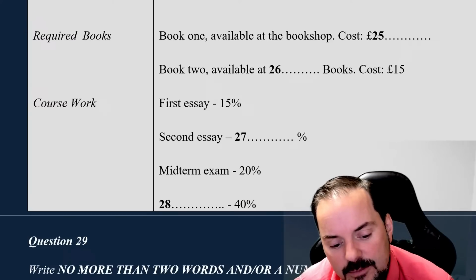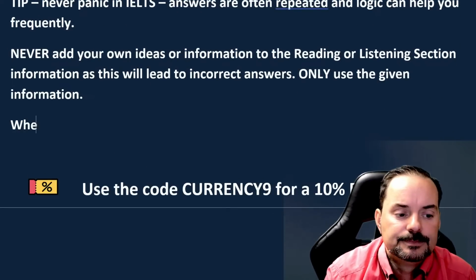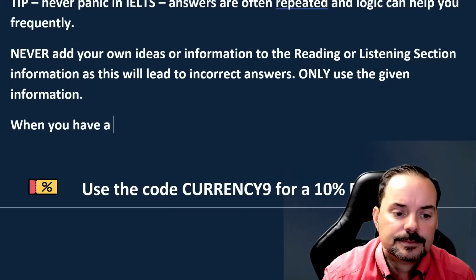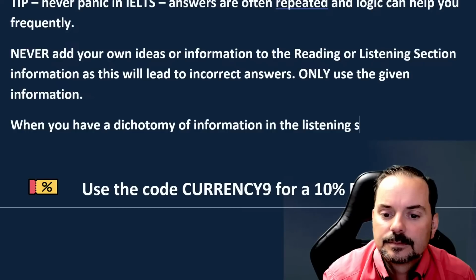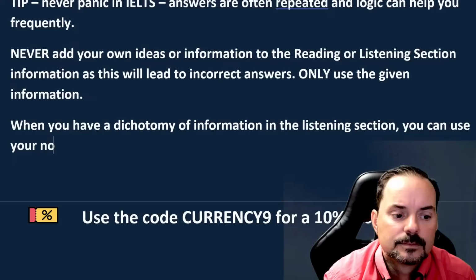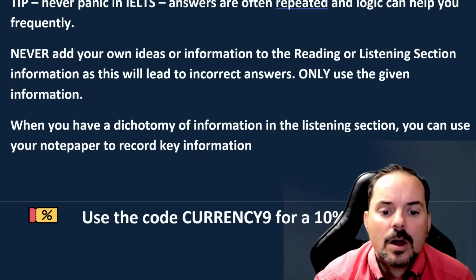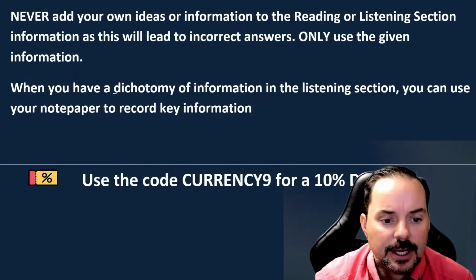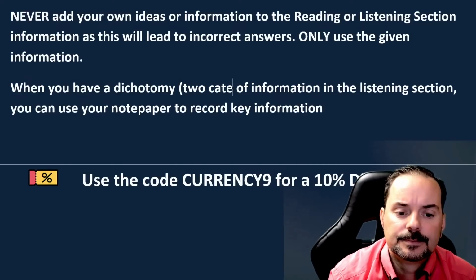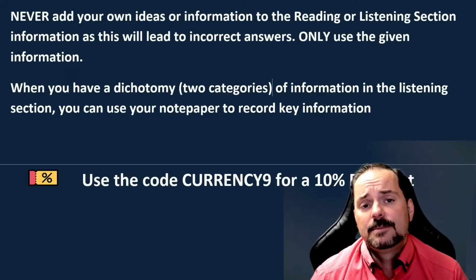So when you have multiple items in listening, you could use your notes to create categories and information. So when you have a dichotomy, meaning 2 categories, of information in the listening section, you can use your note paper to record key information.